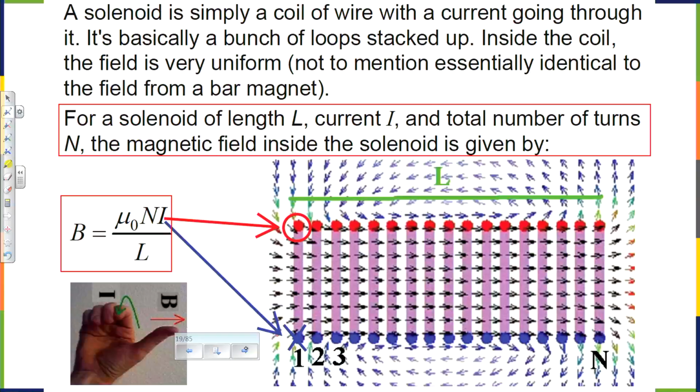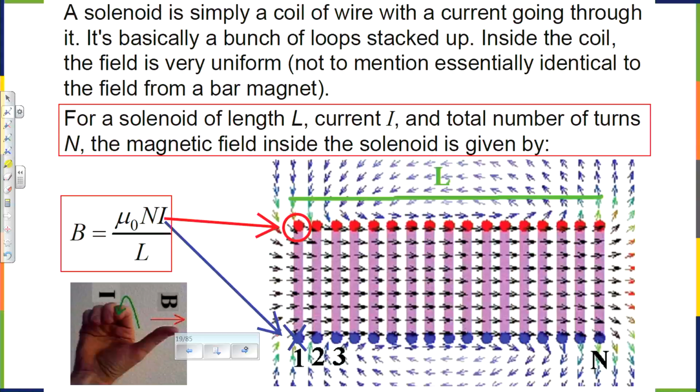A solenoid can generate a very strong magnetic field, strong enough to lift heavy weights. The equation tells you how we can calculate the strength of the magnetic field inside the solenoid. It's almost uniform, which is also a good thing because it's much easier to study.